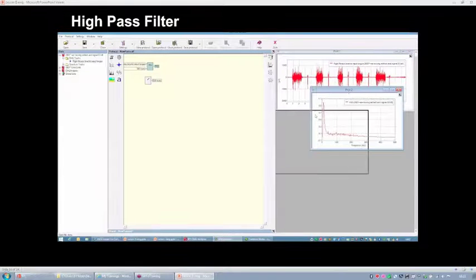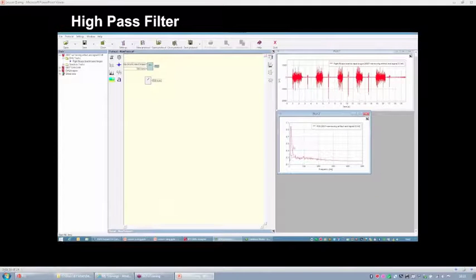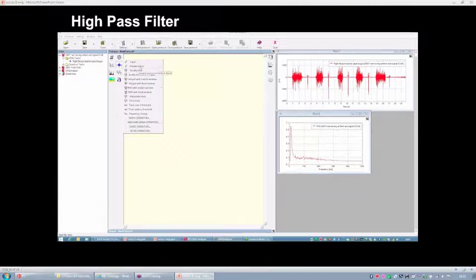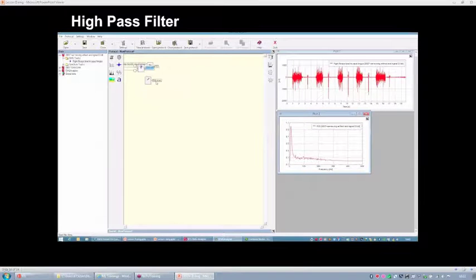As you can see from this spectrum, we have a very big contribution coming from the low frequency moving artifact. Now I want to show you how you can filter a signal like this to remove the low frequency moving artifact. I'm going to use, for example, a Butterworth high-pass filter algorithm.